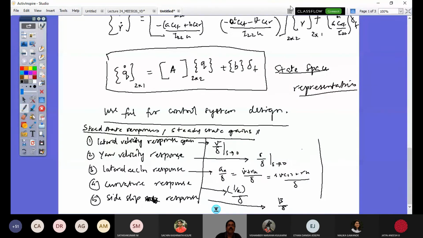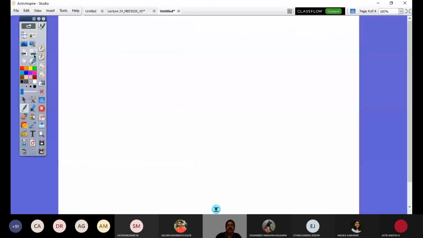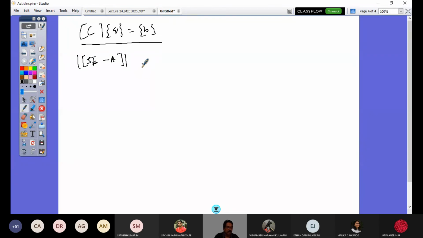C Q equals B. So this is a set of algebraic equations. So I get simply sI minus A, this is the determinant, times V R, equal to C alpha F by I, that is a C alpha here, into delta.